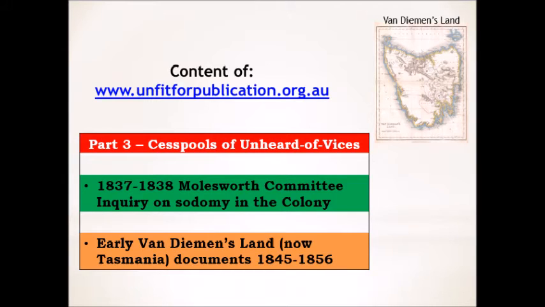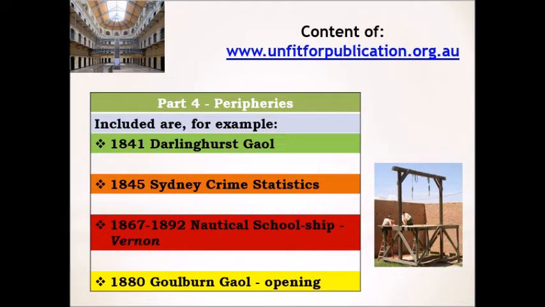You'll find much evidence about sodomy also in the colony in the Molesworth Committee Inquiry Report. Again, we move on to another part called peripheries, and of course they're on the edges, but most important still to be included in Unfit for Publication.